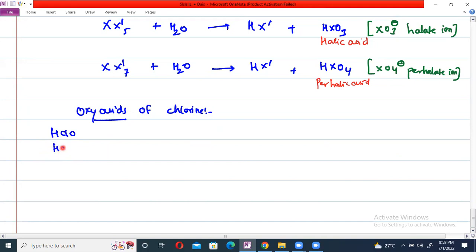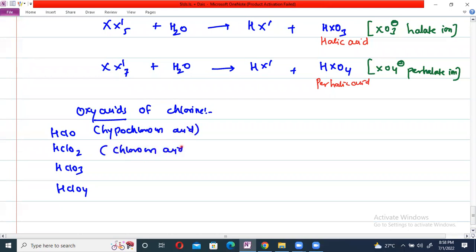HClO, hypochlorous acid; HClO2, chlorous acid; HClO3, chloric acid; HClO4, perchloric acid. But among these all, the question is which is more acidic in nature?